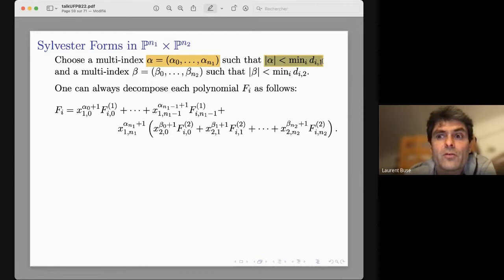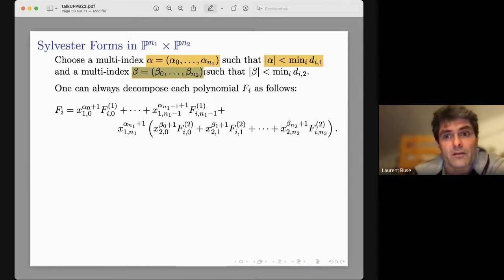Then we assume that we have these conditions. I would like to remind you that these are the conditions we used over P^n to define the Sylvester forms. So I do that here exactly over P^n1. I choose an alpha multi-index and I put this condition. And then I do the same: I take a multi-index with respect to the second P^n2. And of course, I put this condition as well.